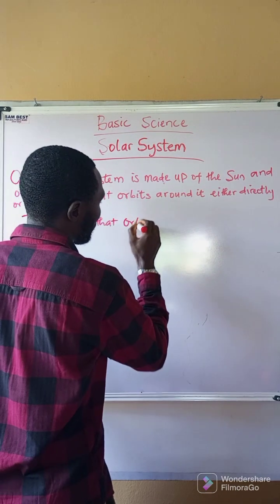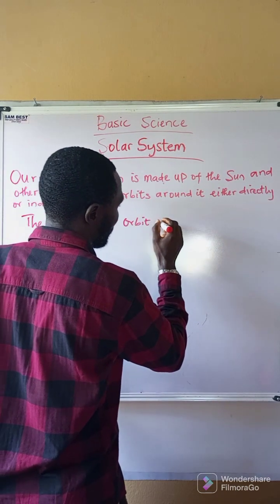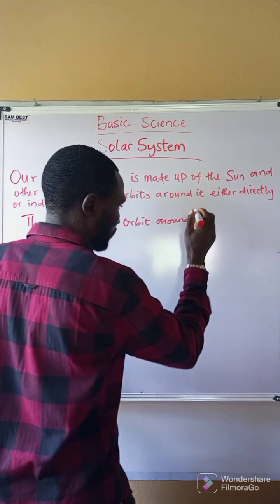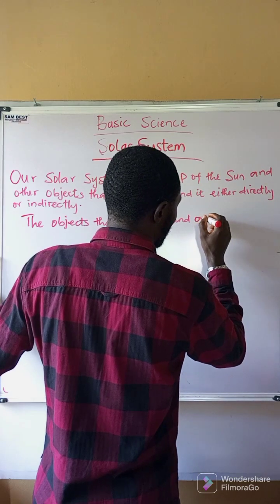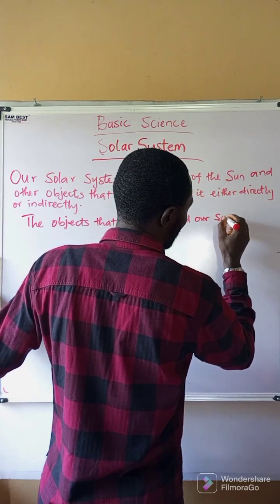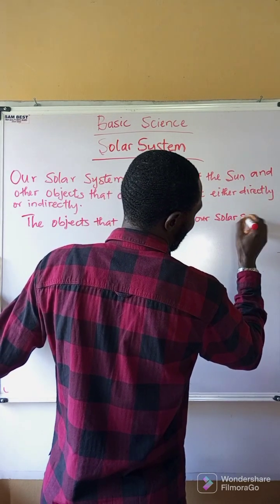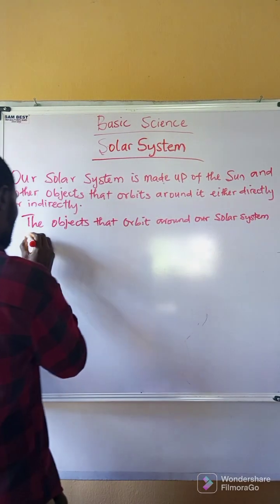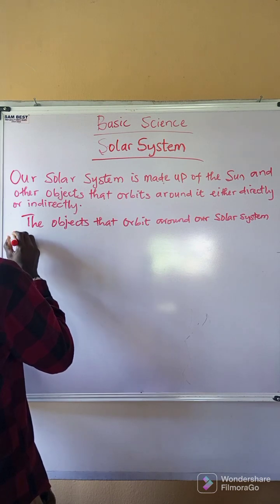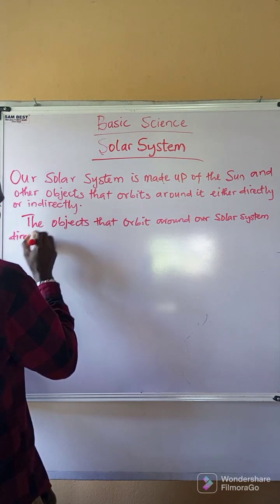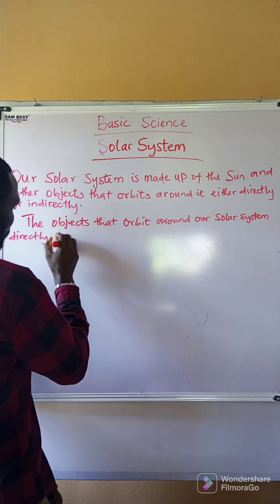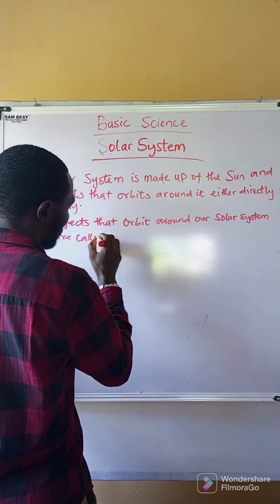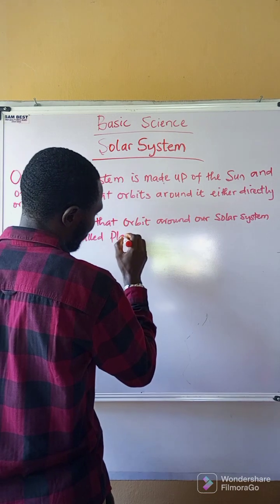The objects that orbit around our solar system directly are called planets.